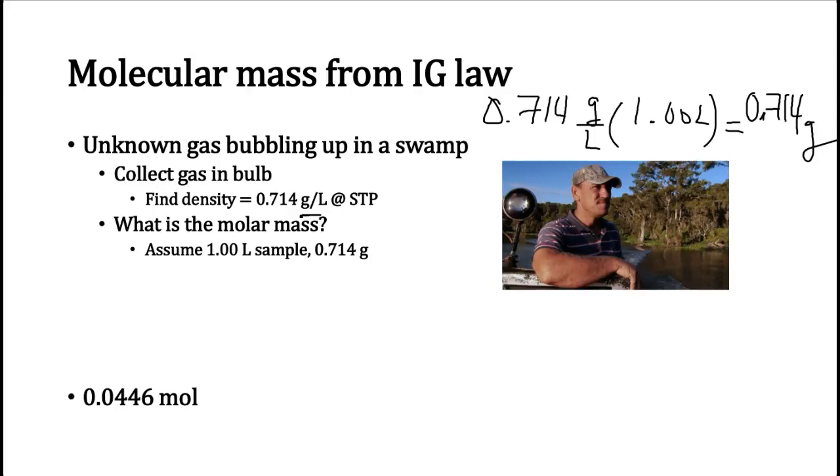So if we want to find the molar mass of the gas so we can identify it, there's 2 things that we need for the molar mass. We need the mass and we need the moles, because remember, molar masses always have units of grams per mole.